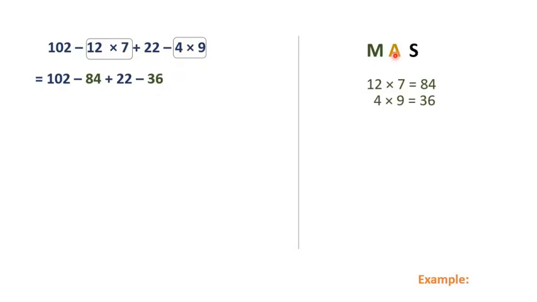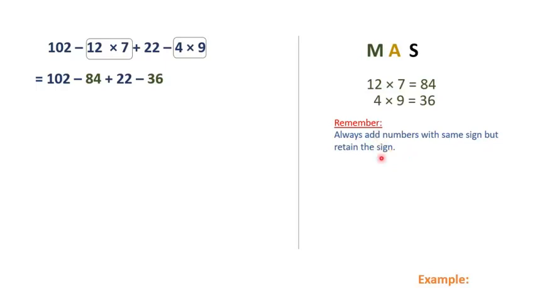Now comes the next order, addition. But can we add here minus 84 and plus 22? No. As I said, remember, always add numbers with the same sign but retain the sign.